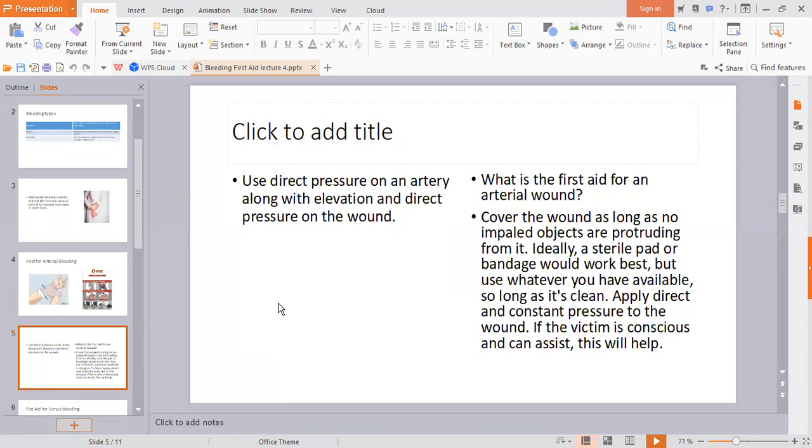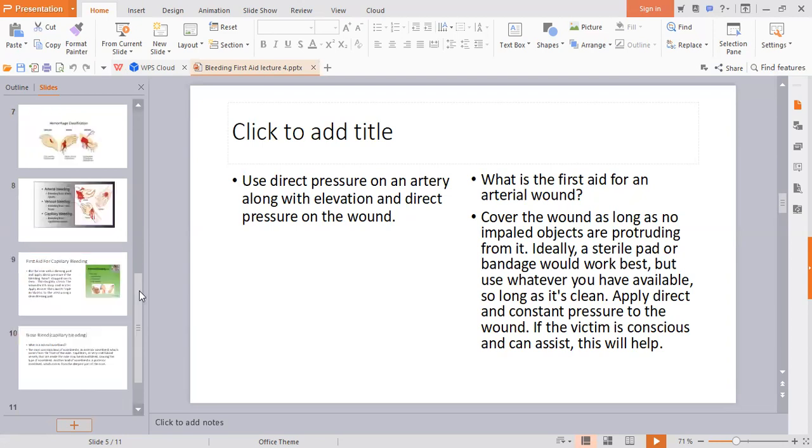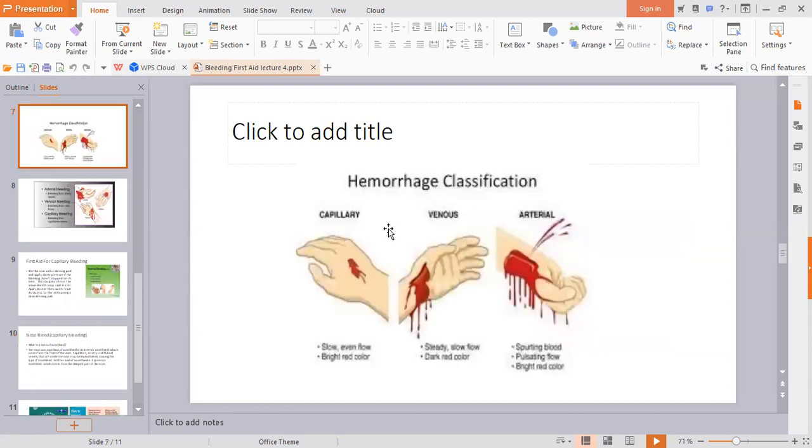If the victim is conscious and can assist, this will help. And if the victim has some choking behavior, try to protect him or her from choking, and turn him around to avoid choking. So this was the basic help for arterial bleeding.